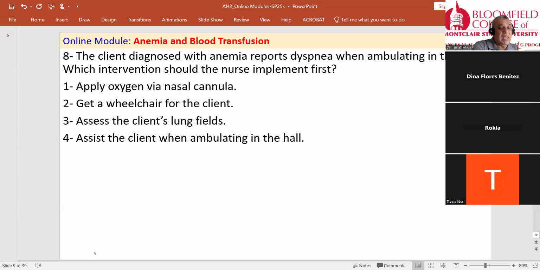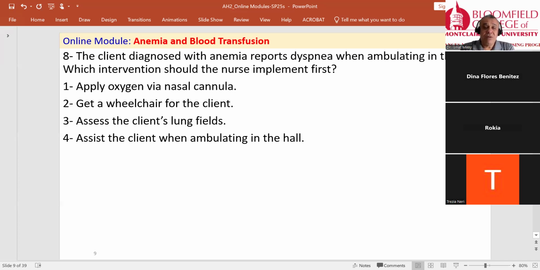So we will get the patient a wheelchair to limit the exertion. Sometimes we jump into the answer: oh, okay, we'll administer the O2. It has nothing to do with the O2. It's the factor that may contribute to the problem.